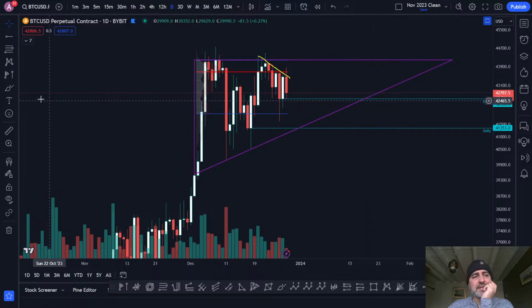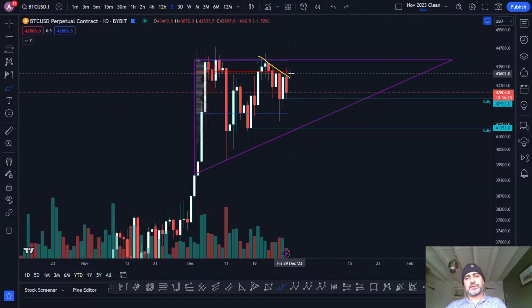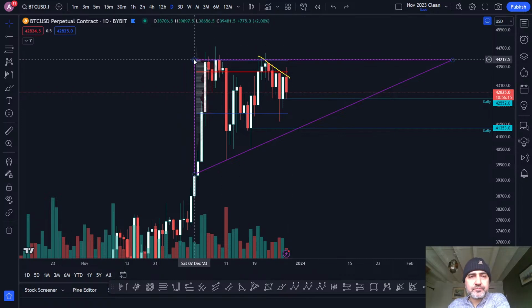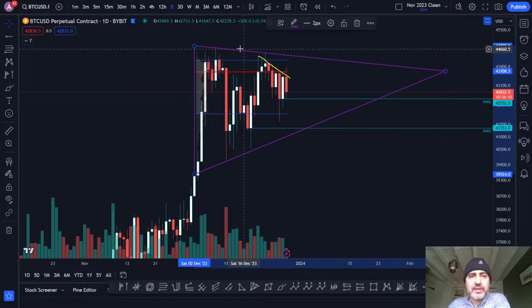But if we were really making a flat top triangle, I thought maybe we'd go up again before we came down. I don't like that we've failed to hit the top of the triangle on this run. I don't like that. So now I'm thinking maybe it's not a flat top. Maybe it's just a triangle like that.